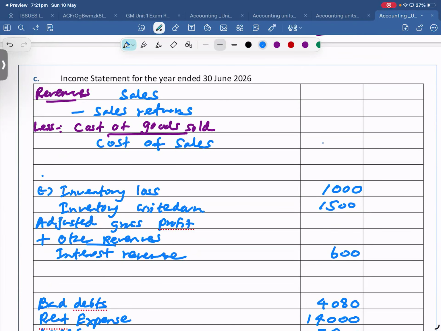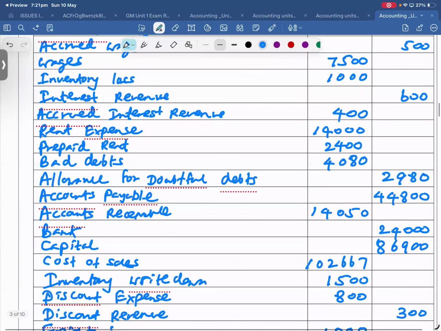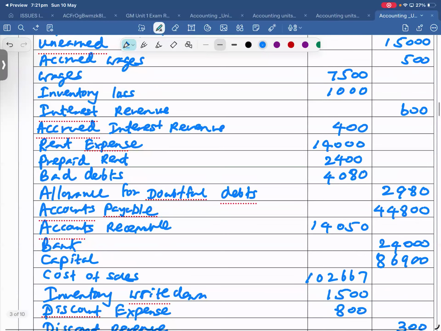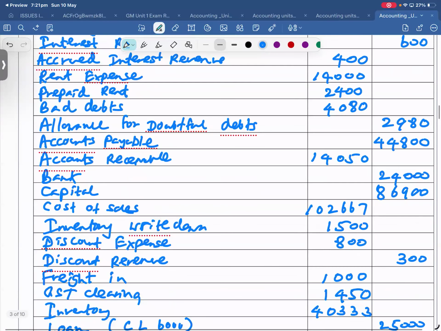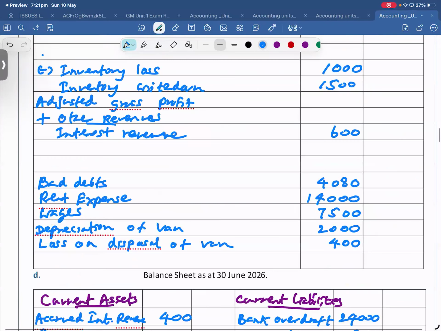Yep. Cost of sales 102. Inventory write down done. Discount expense 800. Discount revenue 300. Yes, discount expense.